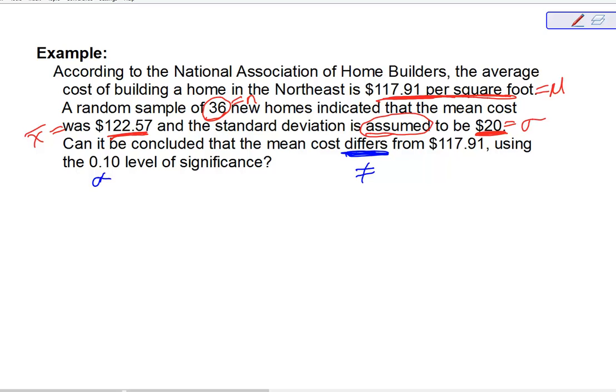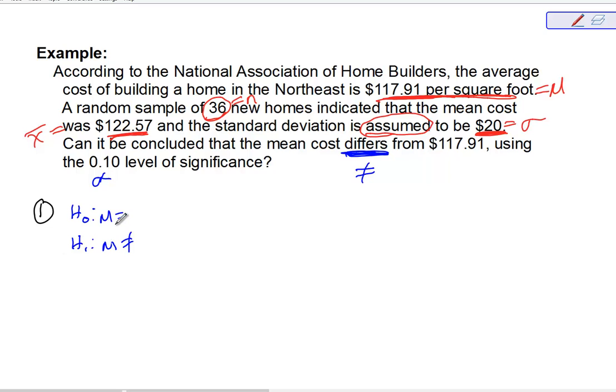Now then, let's go through our 6 steps. Step 1 is to state your hypotheses. We know that our null hypothesis is always going to be an equal to. Our alternative hypothesis, it says differs, so that's a not equal to. So let me change that to a not equal to.